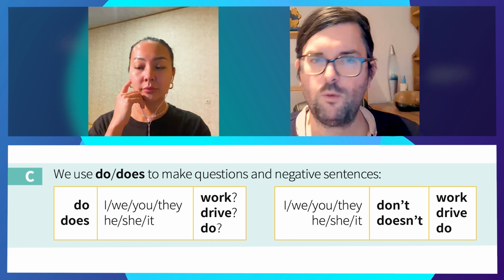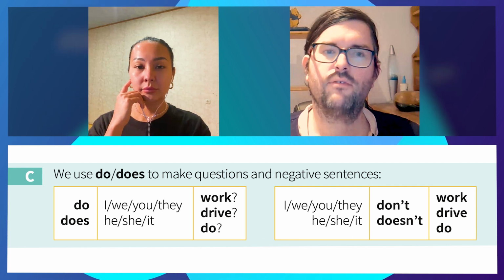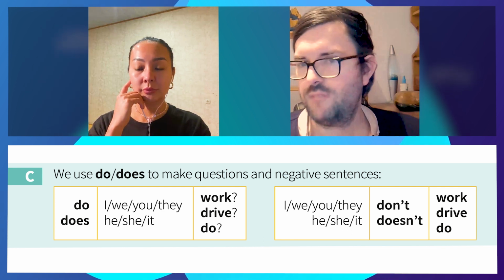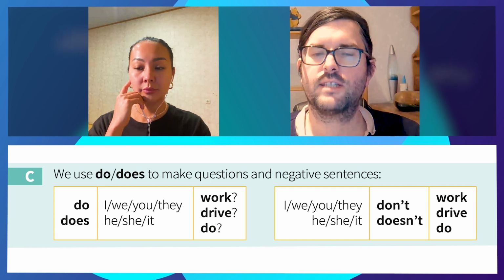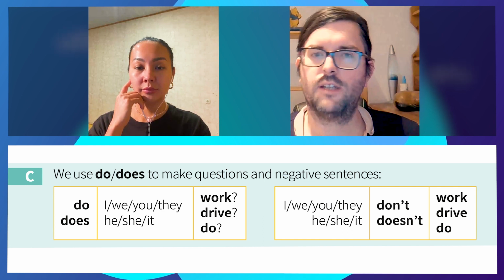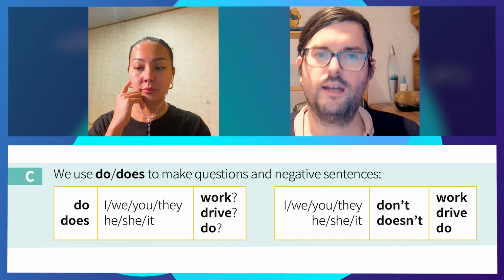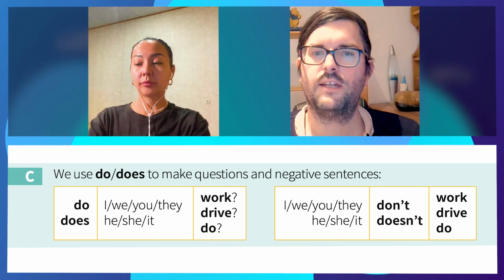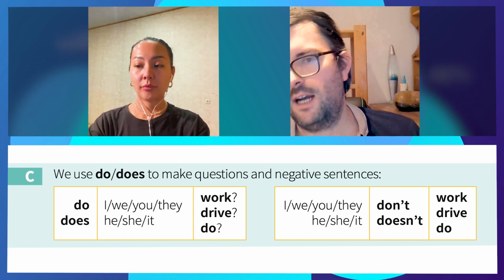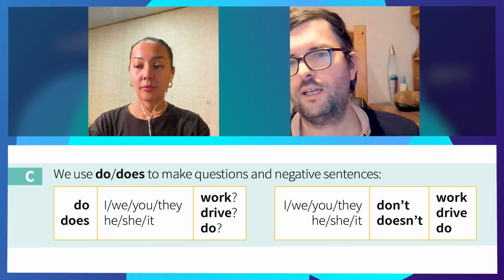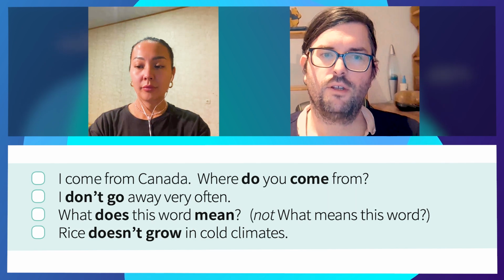Or does he work? Does she drive? Does it do? Or does it work? And the same for the negative. So I don't work, we don't drive, you don't work, they don't do, he doesn't work, she doesn't drive, it doesn't do.